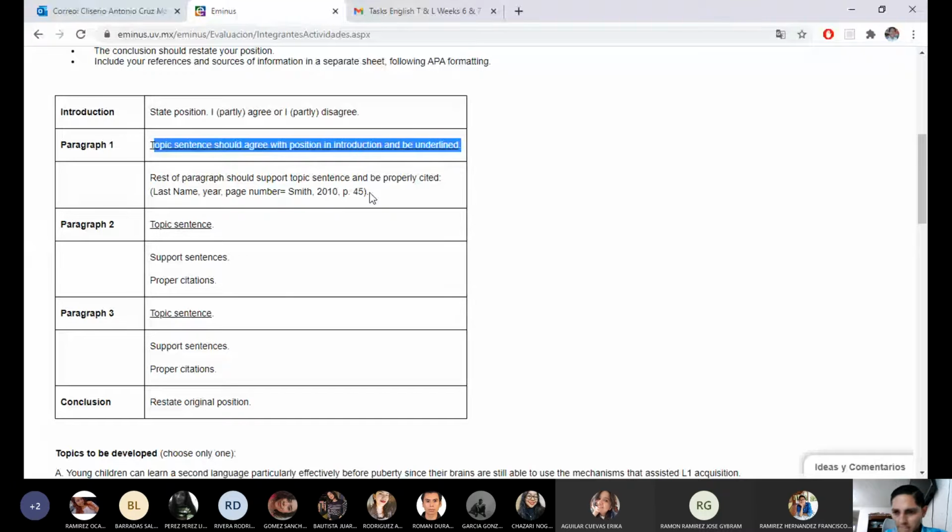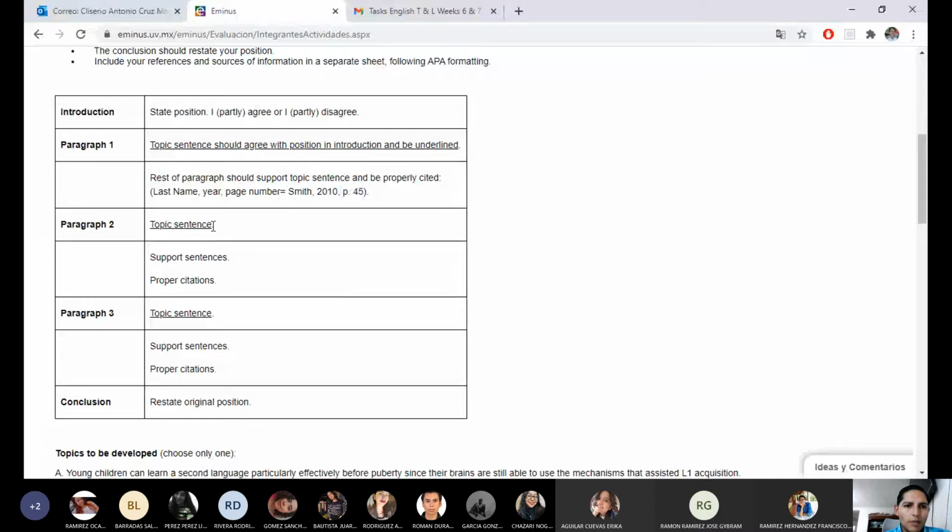It's not a subheading, it's a topic sentence. The rest of the paragraph should support your topic sentence and be properly cited by using the surname, the year, and the number of the page, in case you use block quotation. If you paraphrase, you don't need to use the page.